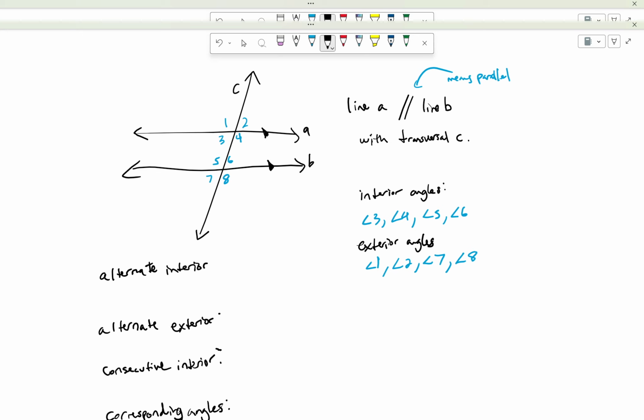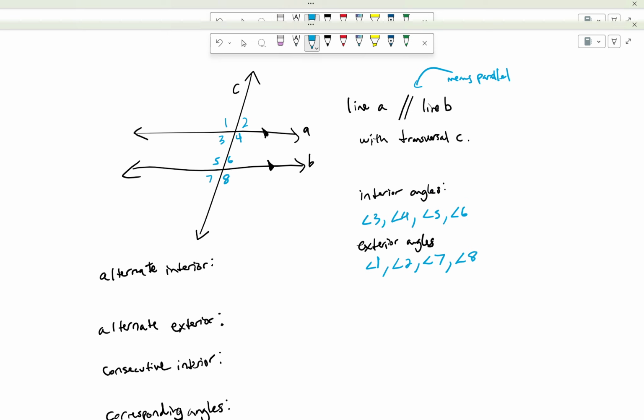All right. So here we go. The alternate interior and alternate exterior. The way that we are going to explain this, first of all, to be an alternate interior, it has to be an interior angle. So only these 4, which we've already defined, 3, 4, 5, and 6, are going to be possible as my answers.